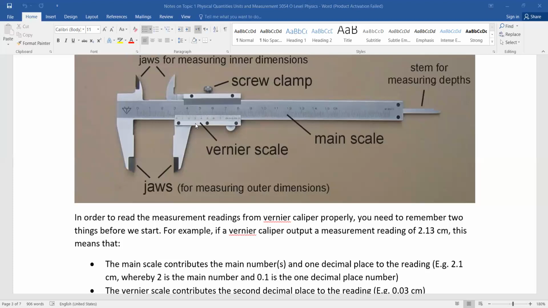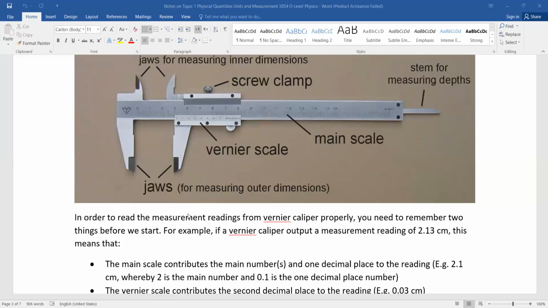So after getting the main scale reading, you see here where the vernier scale is 0, we have to take there. So till 0, what will be the main scale reading? That one we will take.